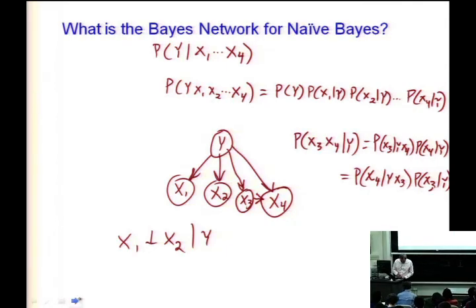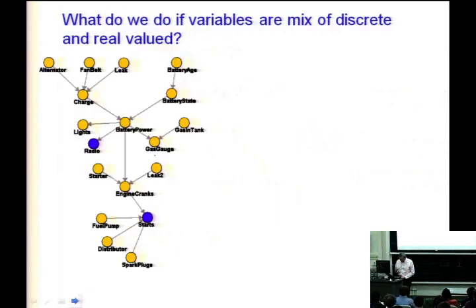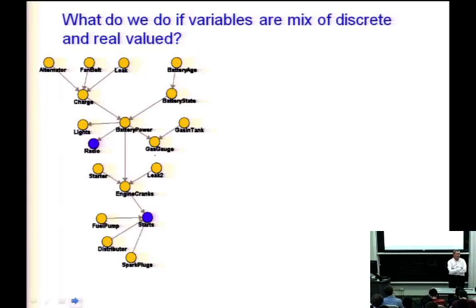Cool. Okay. Here's another easy question. So far we've been talking about Boolean random variables. What if I have a mixture of, let's say, Boolean and real valued random variables?